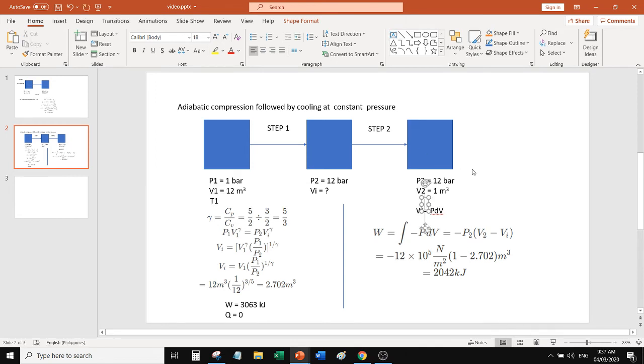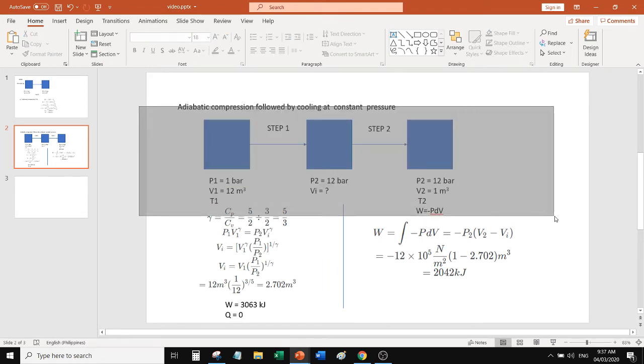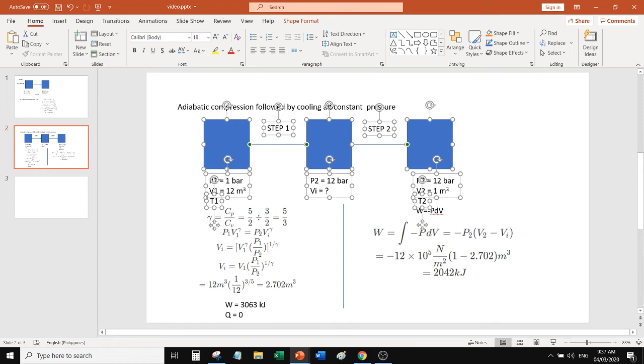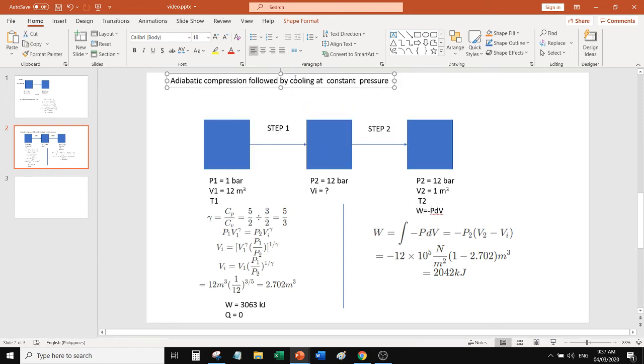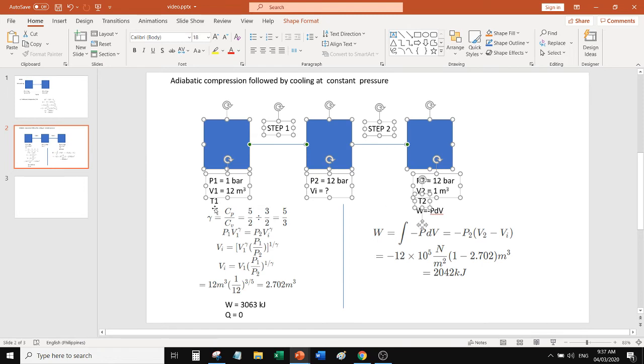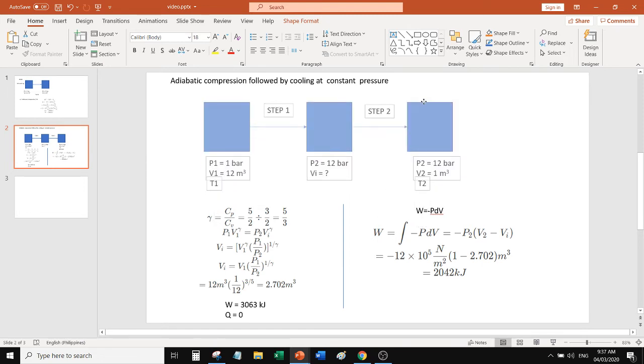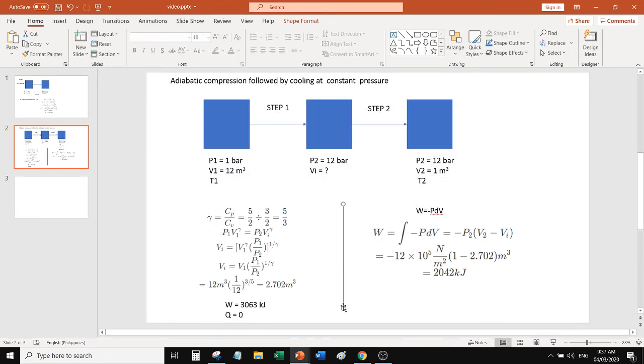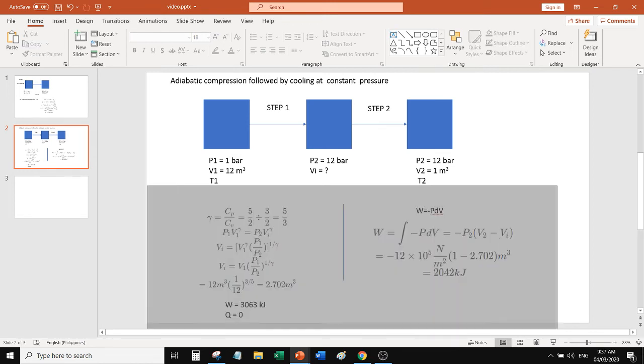So let's leave Q unknown first. First, we solve for the total W. So what is the total work?